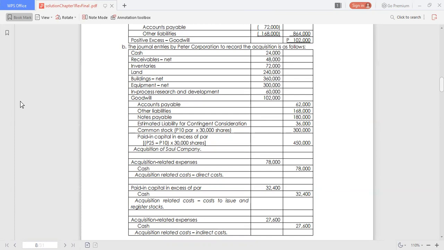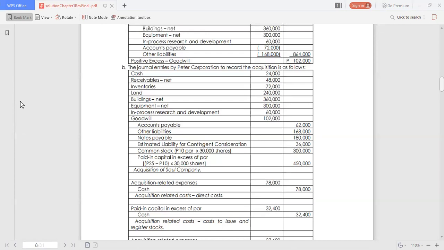Estimated liability for contingent consideration in the amount of 36,000. Common stock now is 30,000 shares times 10. Then the paid-in capital is 25, the market value minus the par of 10.